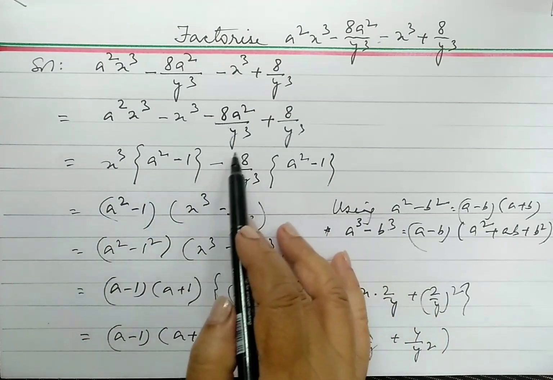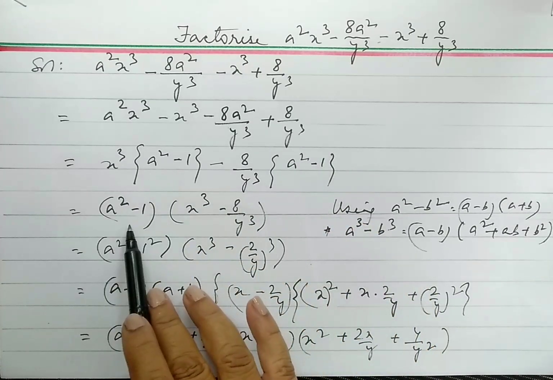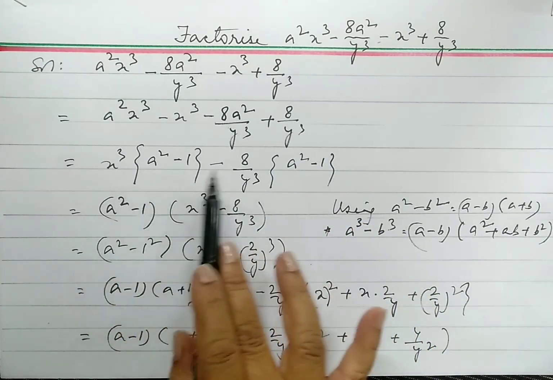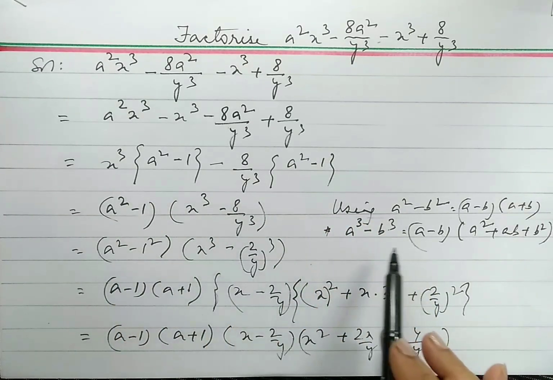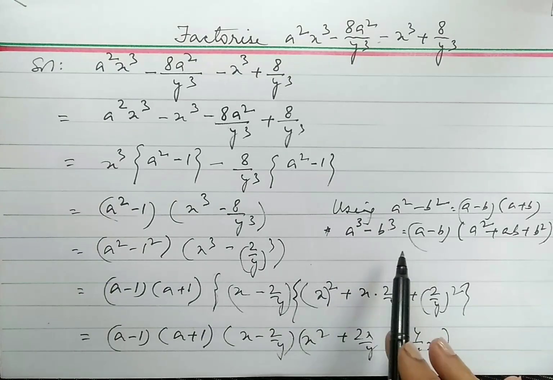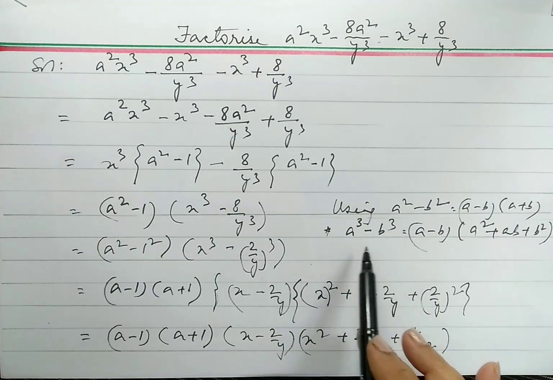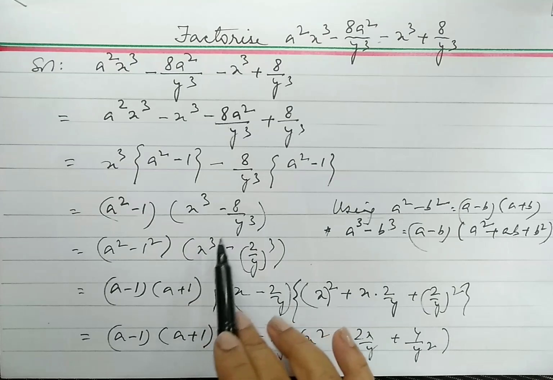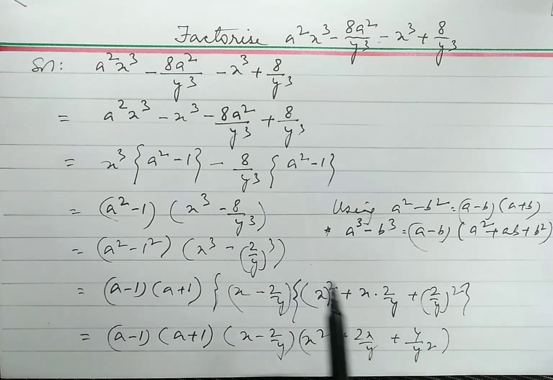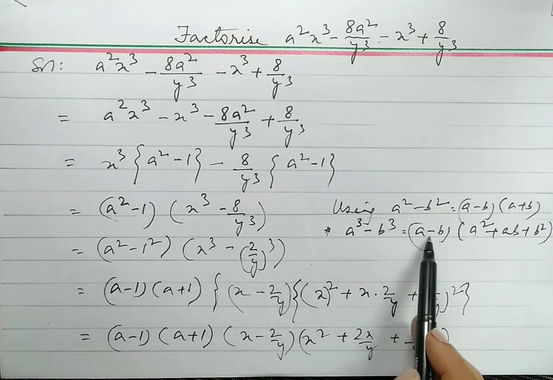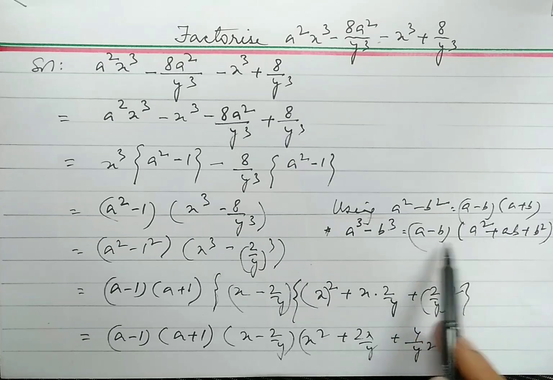These are the blocks, and we pull this out, and then we are left with these 2 cubes. Now we are using this formula or this identity to resolve them into factors. So since this is equal to this multiplied by this, these are the factors.